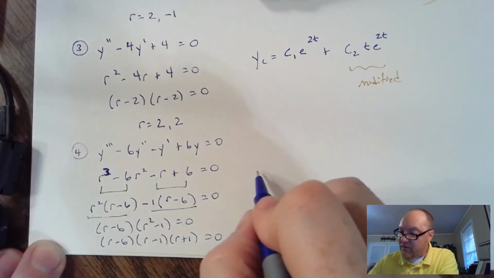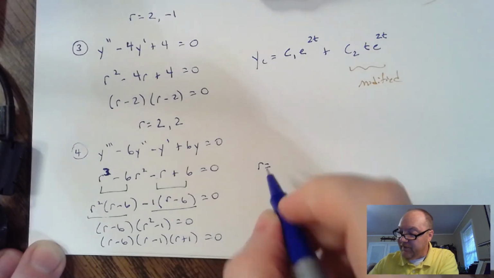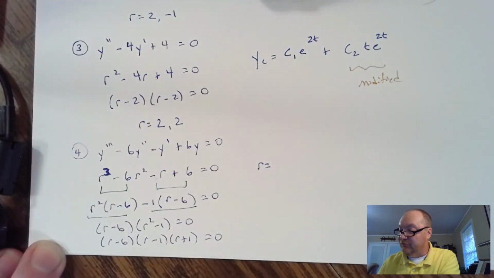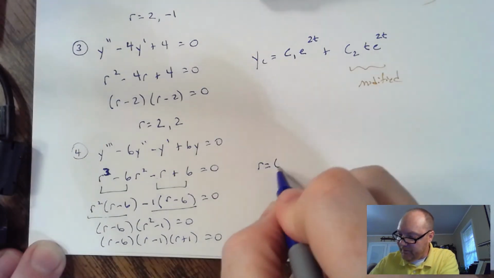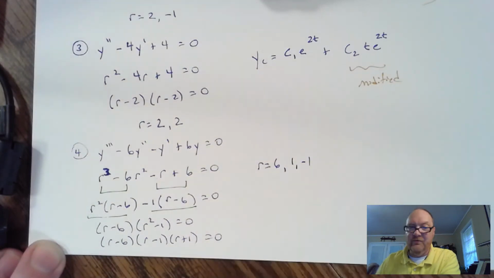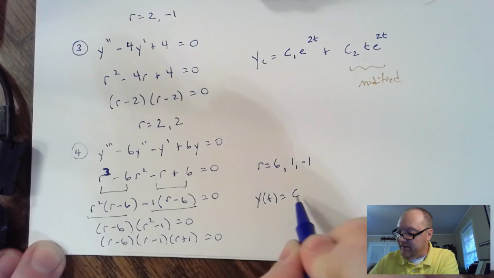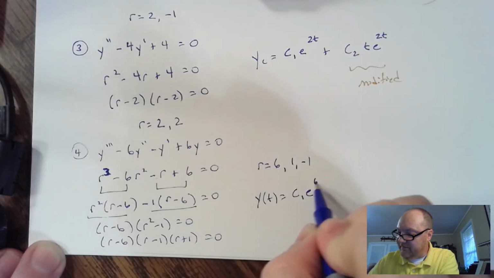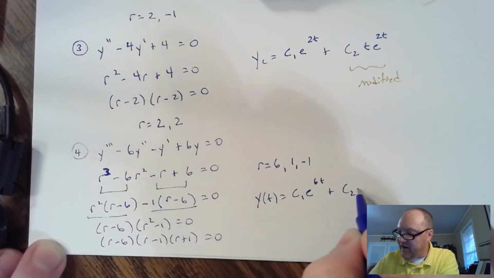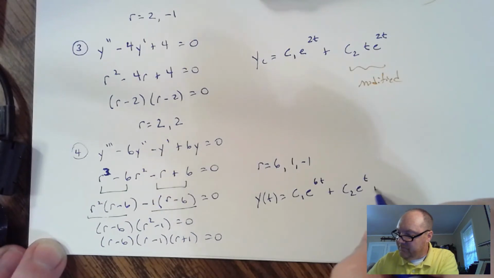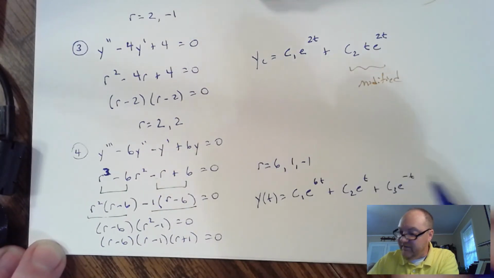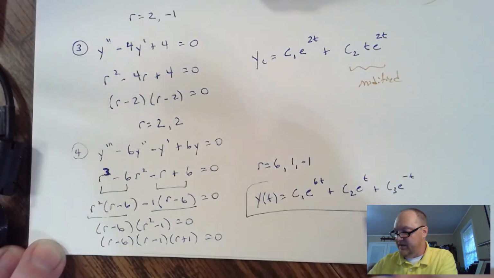So I get possibilities for this triple derivative problem, at least for the characteristic equation that looks like this. So my solution set here is e to the 6t plus some other constant e to the 1t plus a third constant e to the -1t.